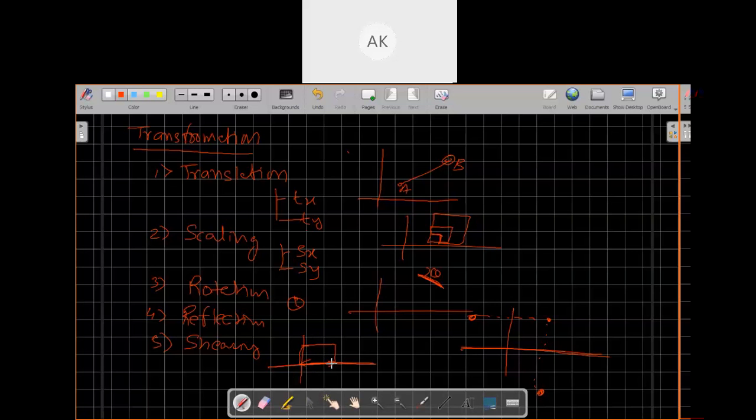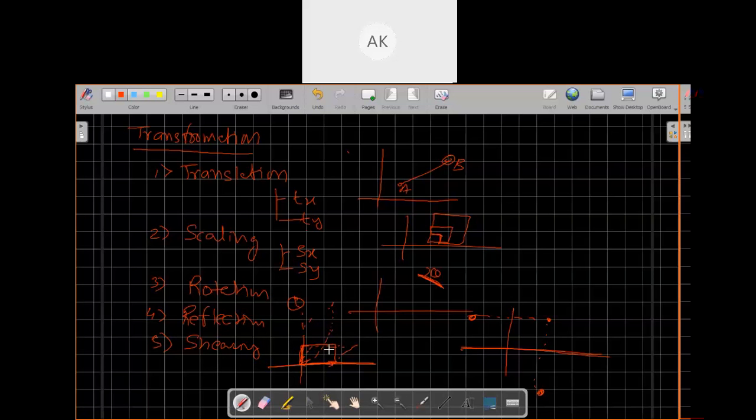The fifth transformation is shearing. Shearing is simple. In shearing, we hold one axis's coordinate values fixed and change the other coordinates. Just suppose we have an object, consider it a rectangle.